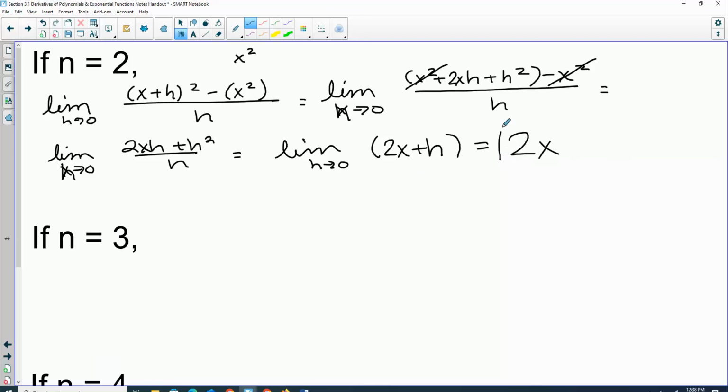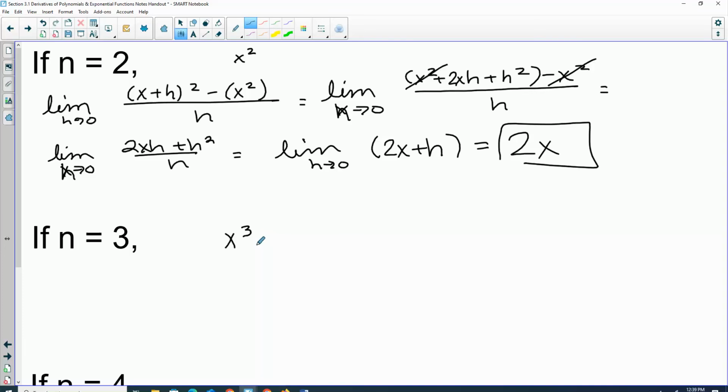So let's try if n equals 3. So this is x cubed. Now, if you want a fast way of cubing this out, remember, a long time ago, I showed you this trick, the pyramid. Please, if you see the pattern, do not say it yet. I'm asking you to give everyone a chance. This is something to the 0, the first, the second, the third. So if I want x plus h cubed, these are the coefficients.